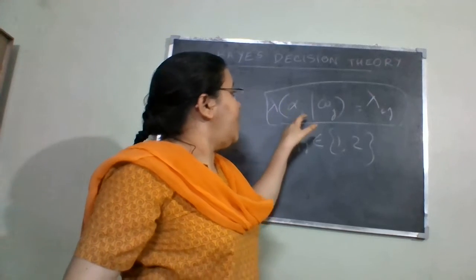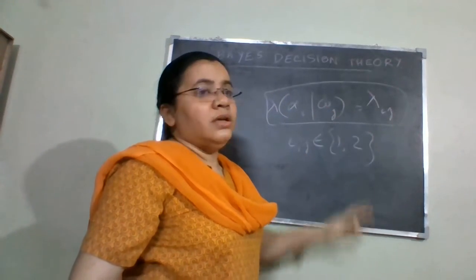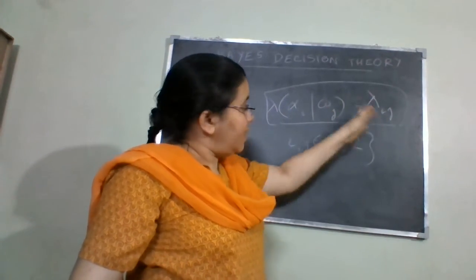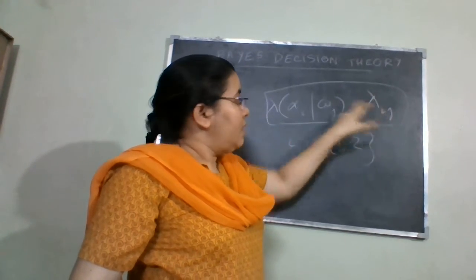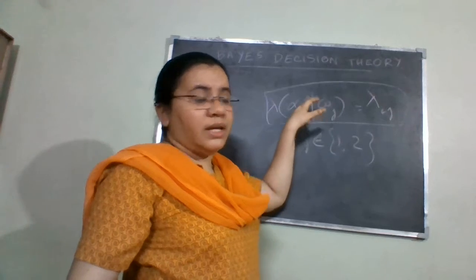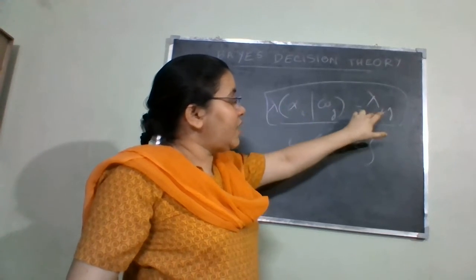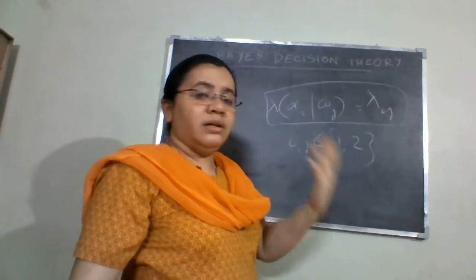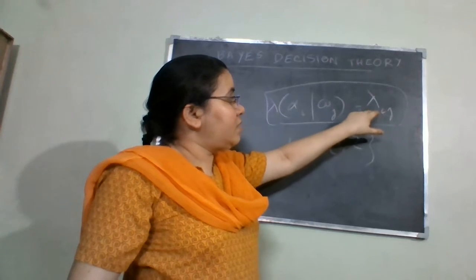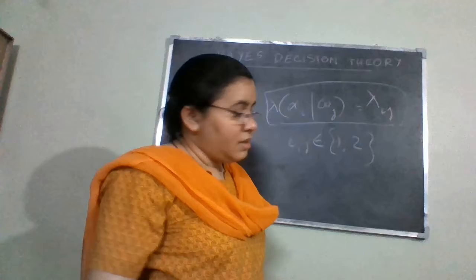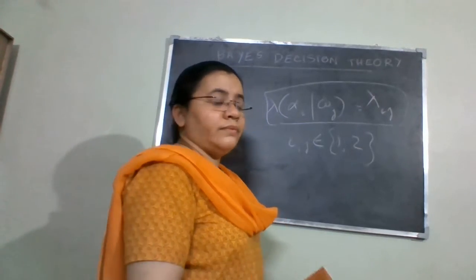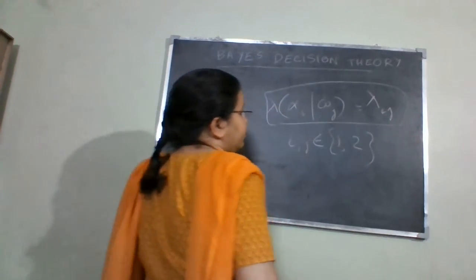Either you write lambda alpha i omega j or lambda ij. We will now use this notation because it is easy to write, not like giving a brace and then putting a slash each time. Whenever I write lambda ij, the reader will understand that it is the loss function when the action is alpha i and the class is omega j. Is it clear up to this point?